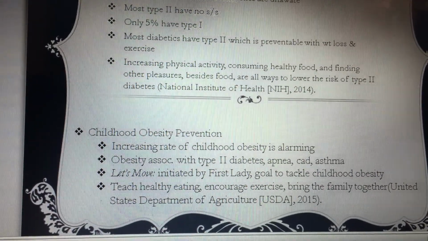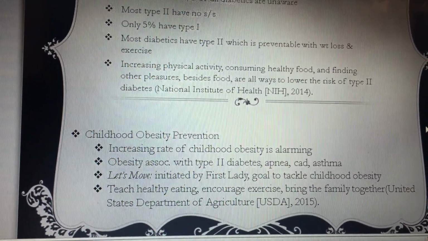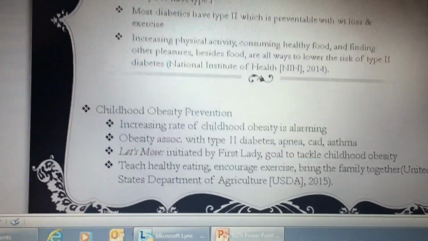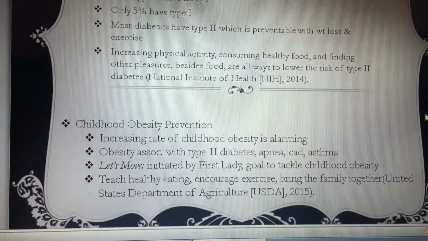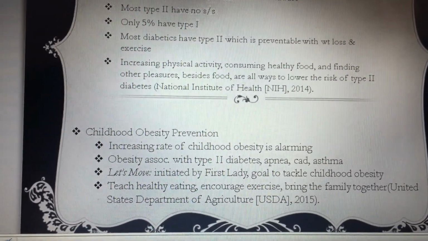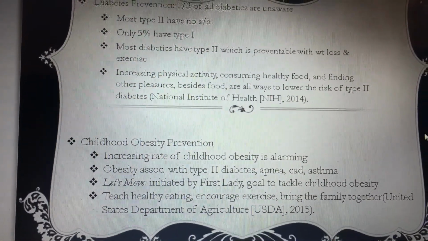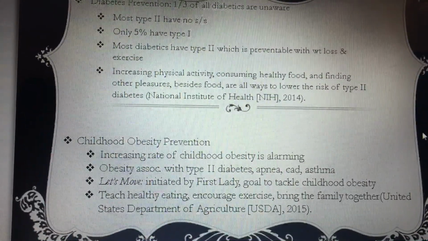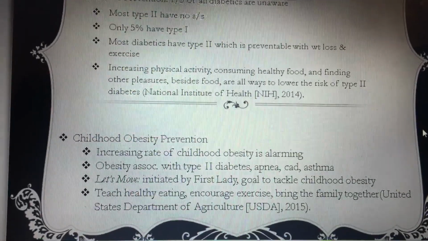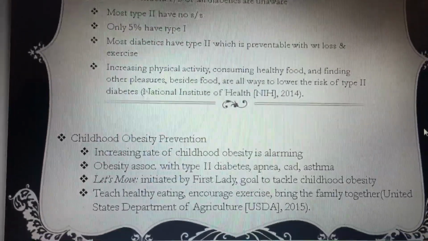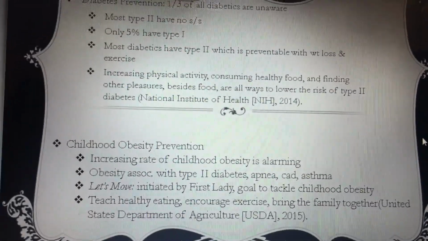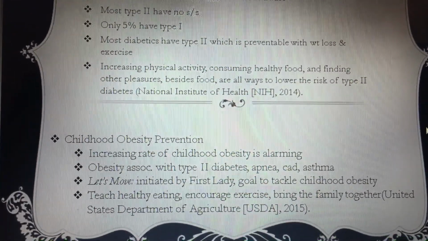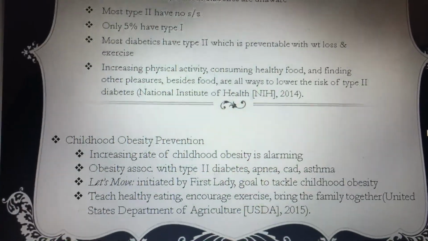Childhood obesity prevention. The increasing rate of childhood obesity is alarming. Obesity is associated with type 2 diabetes. Risk factors associated with childhood obesity are type 2 diabetes, apnea, heart disease, and asthma.